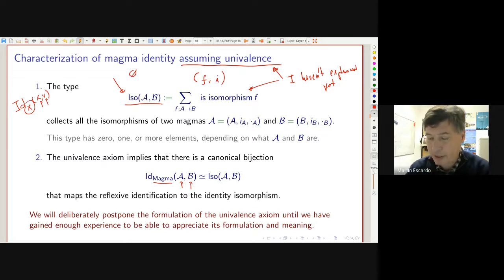So for each possible magma isomorphism, there is an element of the identity type corresponding to it uniquely. So there's a canonical bijection.